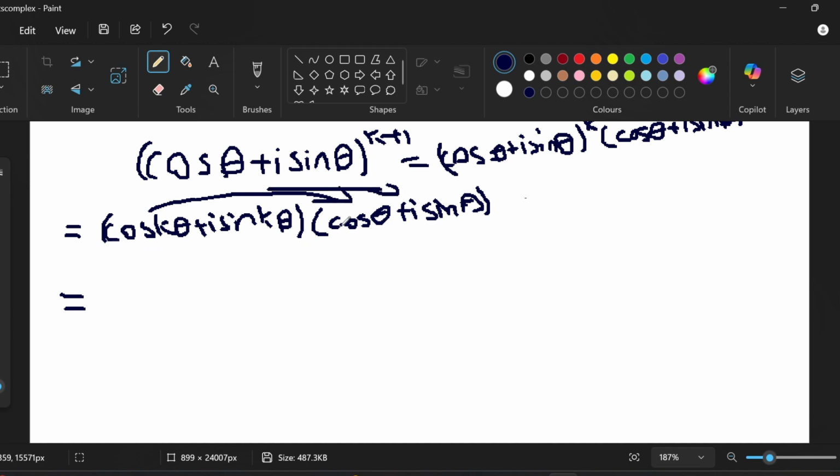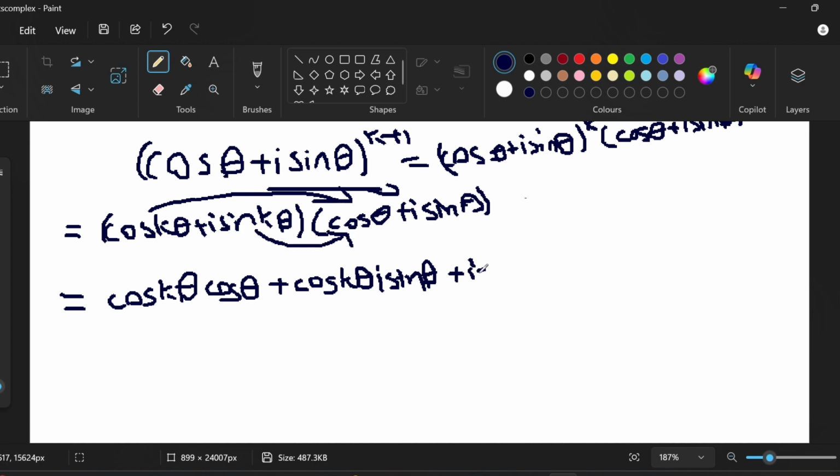We're going to go cos k theta times cos theta, plus cos k theta times I sine theta, plus I sine k theta, my bad, times cos theta, plus I sine k theta times I sine theta, plus I squared.